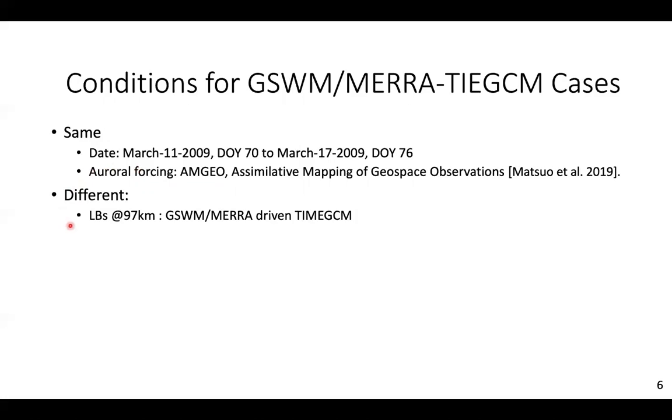The only different part is the lower boundary condition. One is the GSWM, the other one is MERRA-driven TIME-GCM at 97 kilometers altitude. Later, I will call this the GSWM case, and this one refers to the MERRA case.